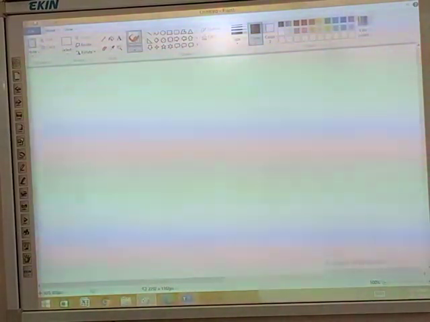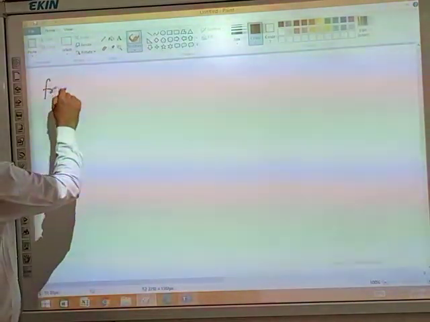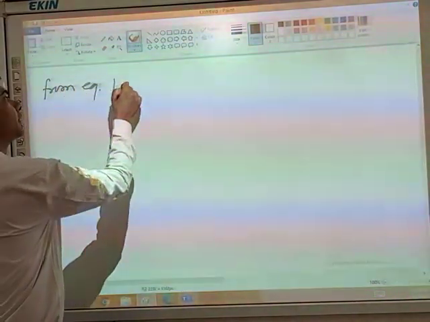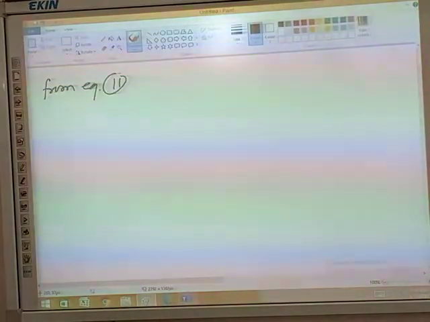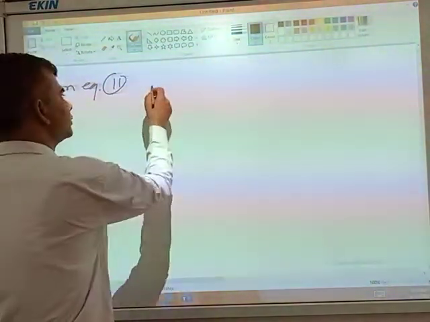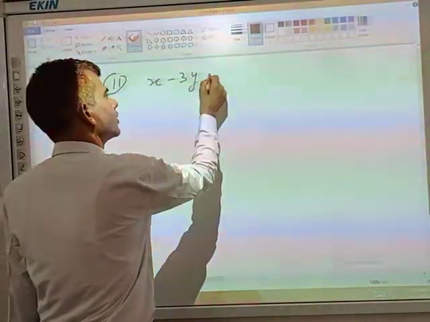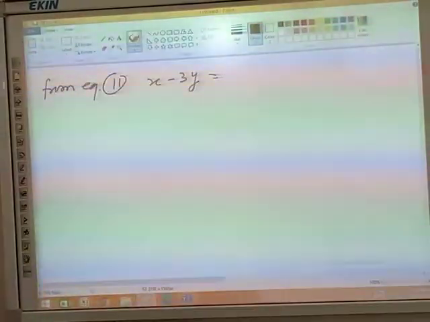From the second equation, x minus 3y is equal to 6.